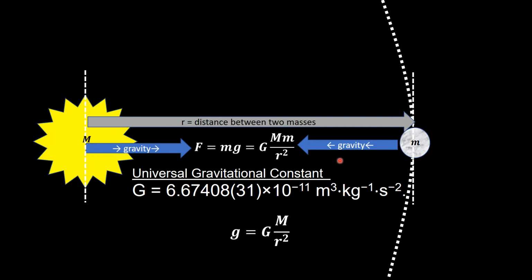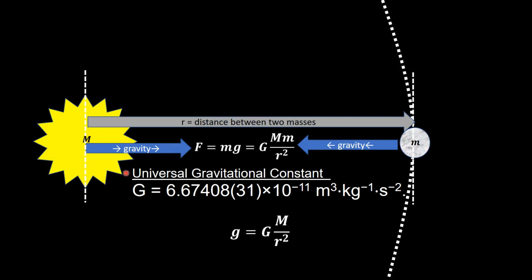Gravity is an interesting quantity, and we don't understand everything about it, but apparently matter has a property that attracts one another. Let's call this capital M for the big mass of the sun, and over here is little m, the mass of the planet.